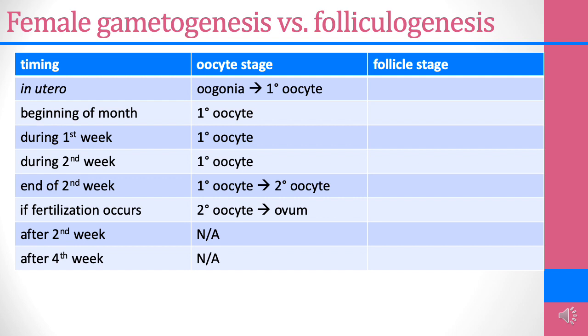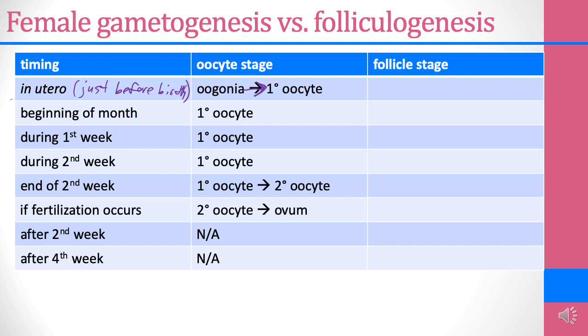Okay, so let's compare how gametogenesis stacks up compared to folliculogenesis. Remember, we said that the oogonia become primary oocytes in utero just before birth. Okay.